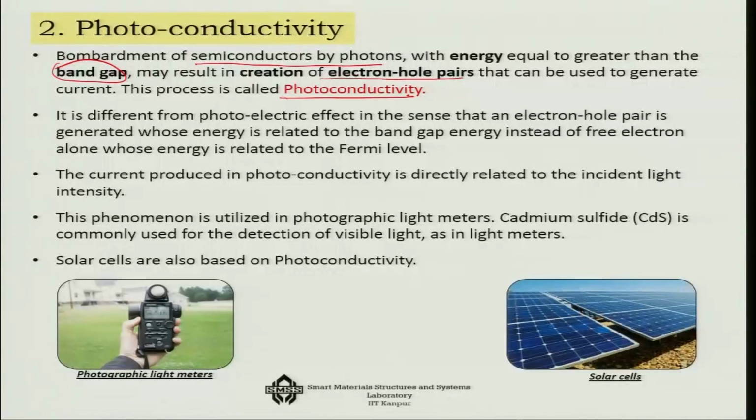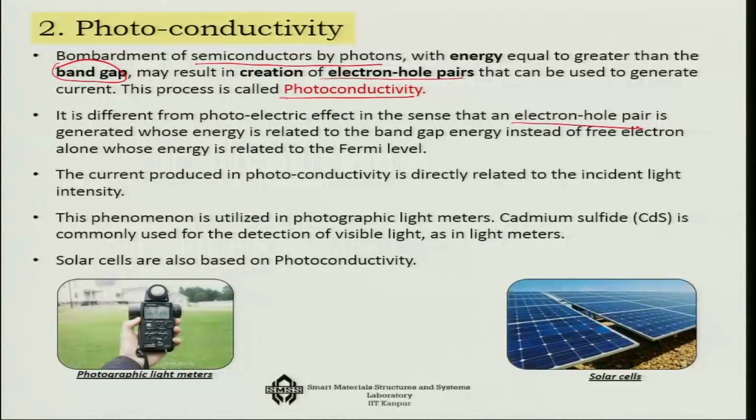It is different from the photoelectric effect, because in the photoelectric effect the photon is absorbed by the electron itself, whereas here it is the electron hole pair which gets this band gap energy, and that excites the flow of these electron hole pairs and generates a current.